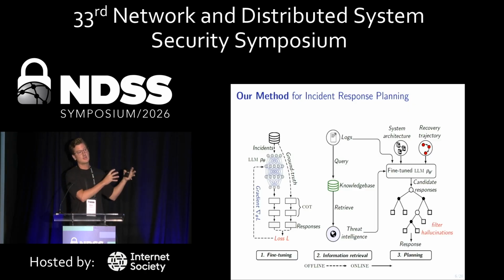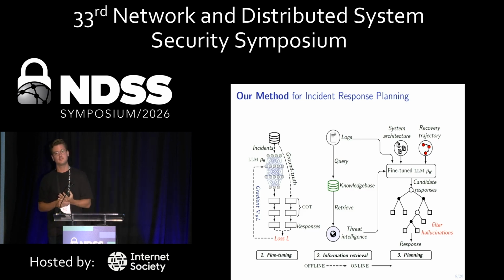And then we integrate that model into an online planning algorithm where we combine information retrieval with a form of lookahead optimization. And we prove in the paper that this approach allows us to provide certain theoretical performance guarantees and also to reduce the risk of hallucinations.